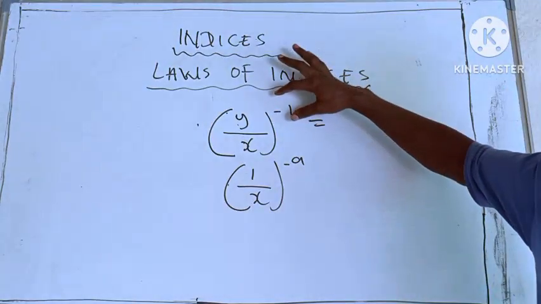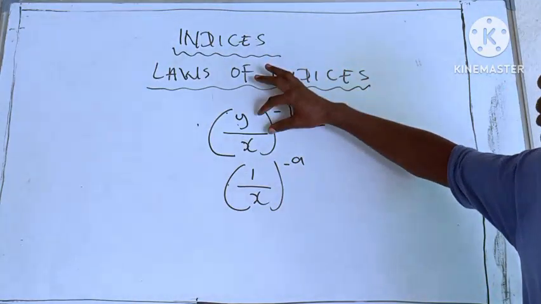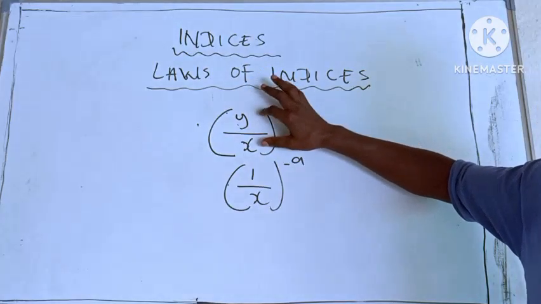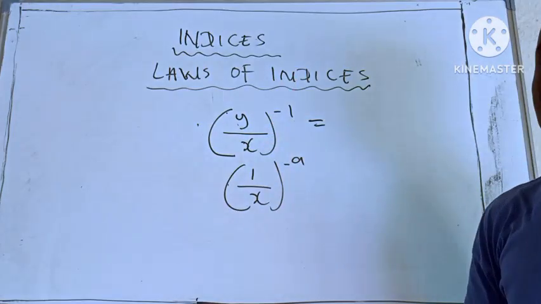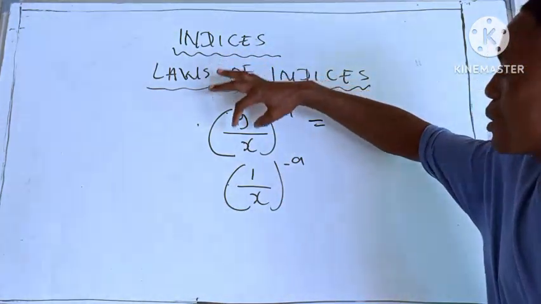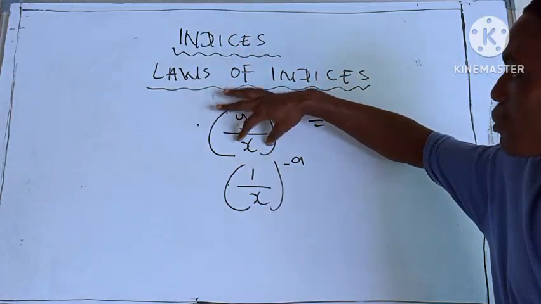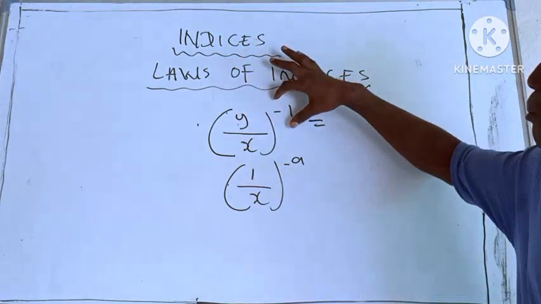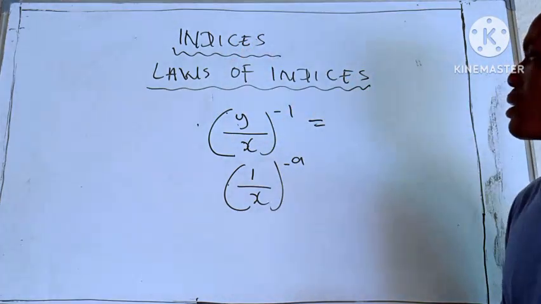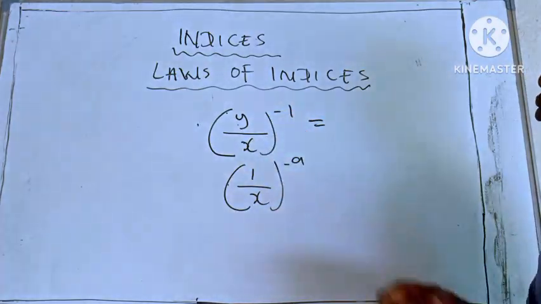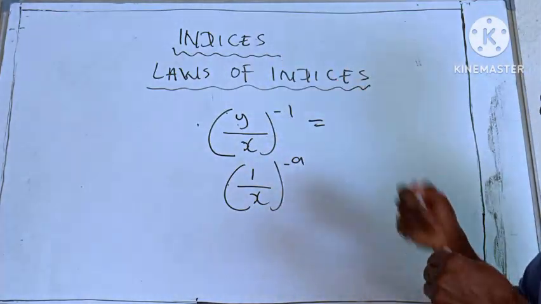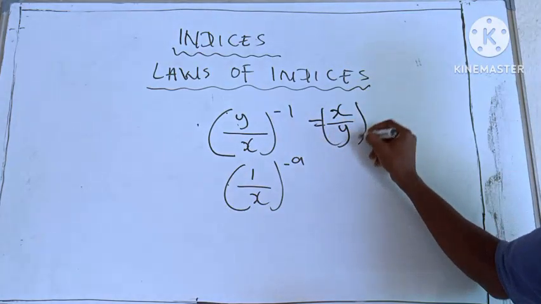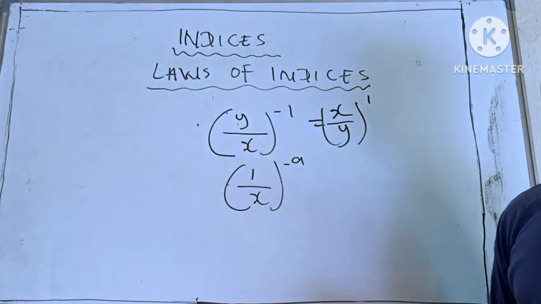For you to remove the minus sign, just exchange the two numbers or the two alphabets by bringing the up one downward and moving the down one upward. When you exchange them, this minus sign will disappear. Now look at it, y all over x. To remove the minus sign, it will be x all over y. So we are left with raised to power 1.